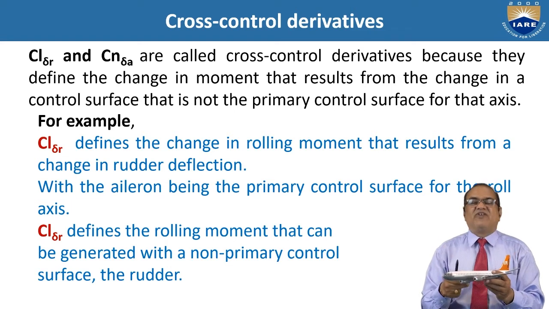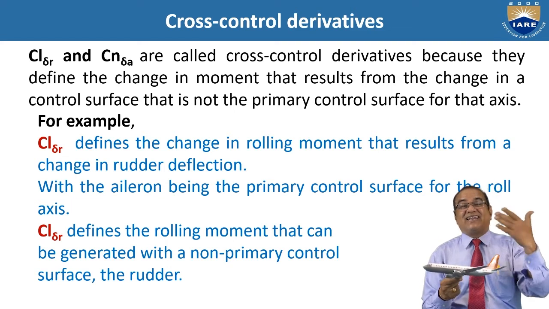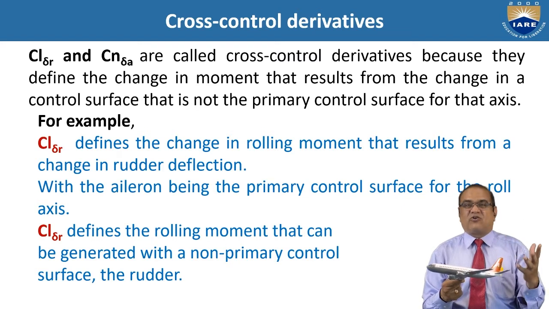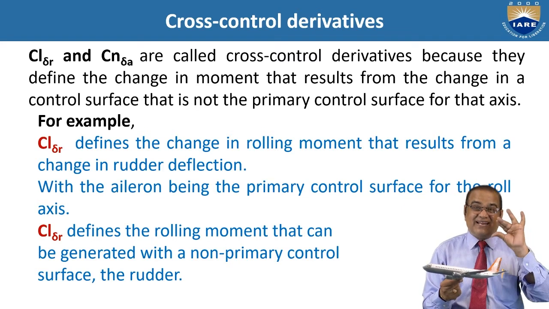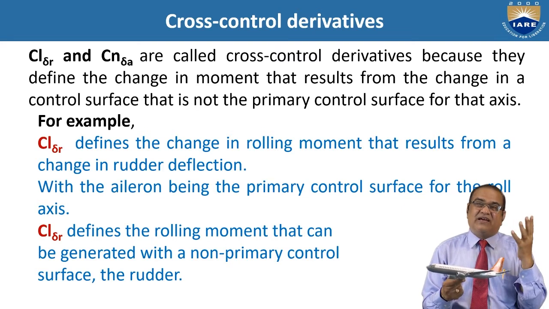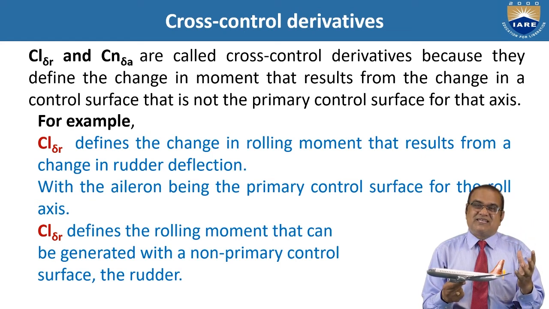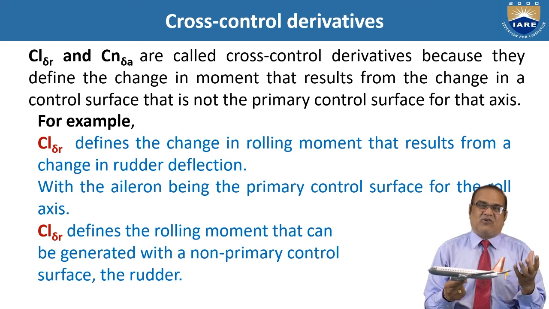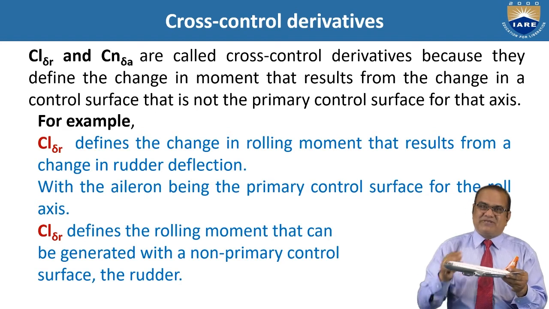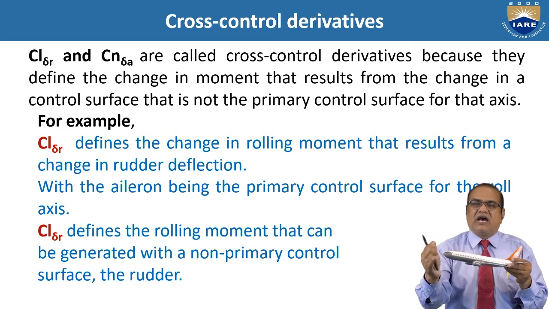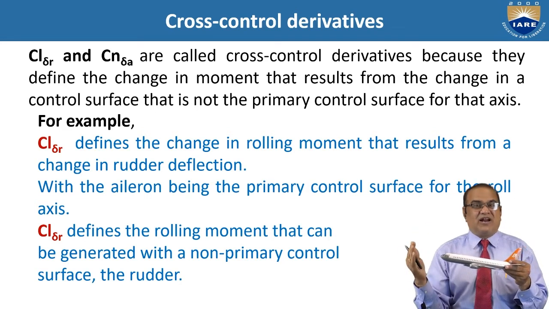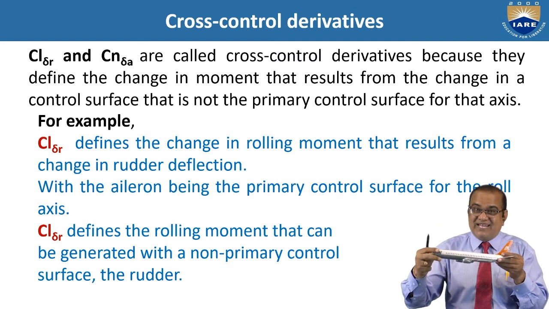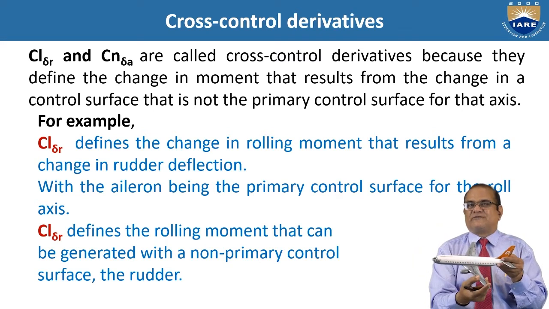So like this we have to understand. This is called the cross control derivative. It means the deflection of the control is not a primary control. Like the rudder, the purpose of the rudder is to turn the nose towards the left and right, but it is turning and also rolling.